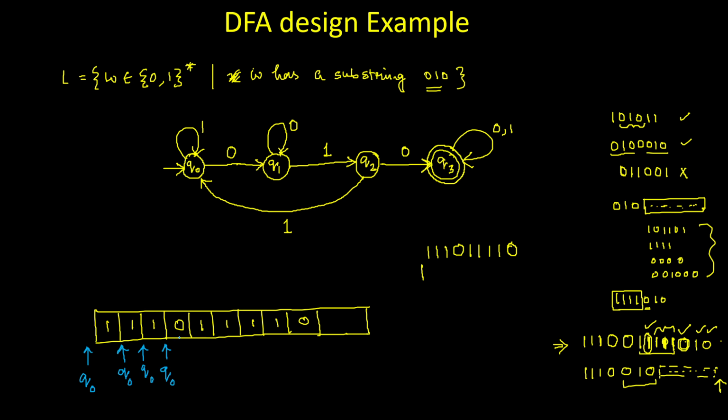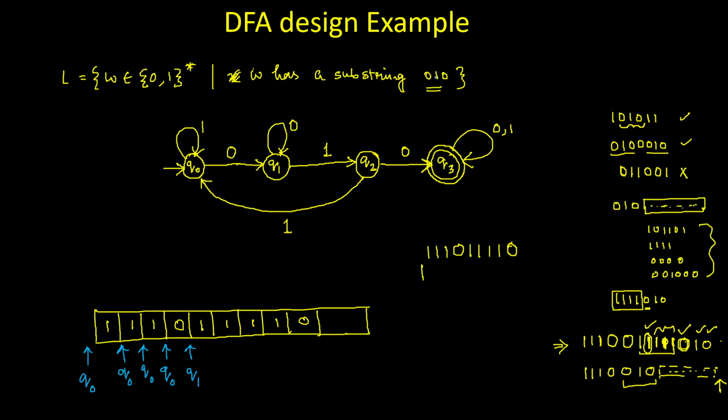Now it has got a 0. So when the machine gets 0 and is in Q0 state, on 0 it will go to Q1. So the state will now change and go to Q1. So we are going towards the final state, maybe, because this may be the first character of the substring that we are searching for. Now again I have got a 1.